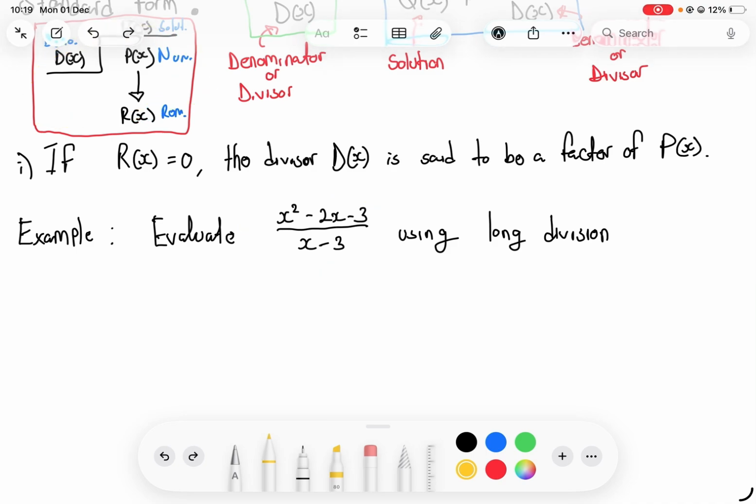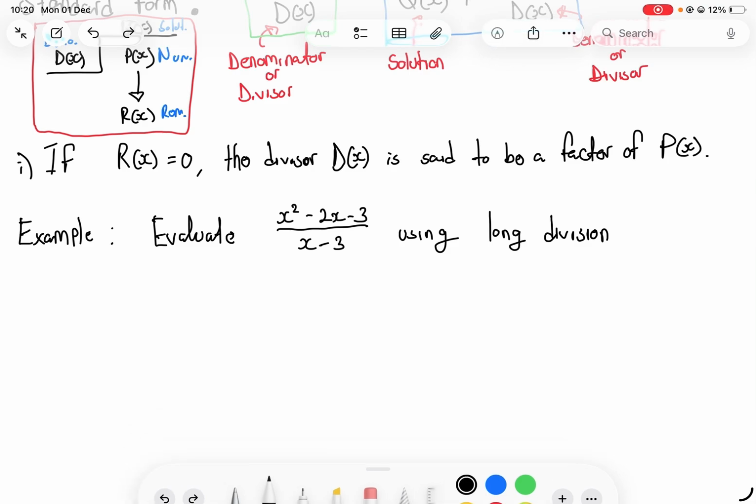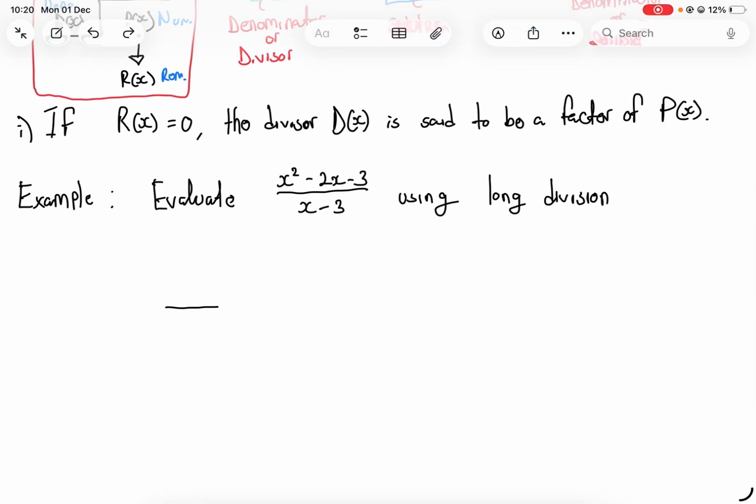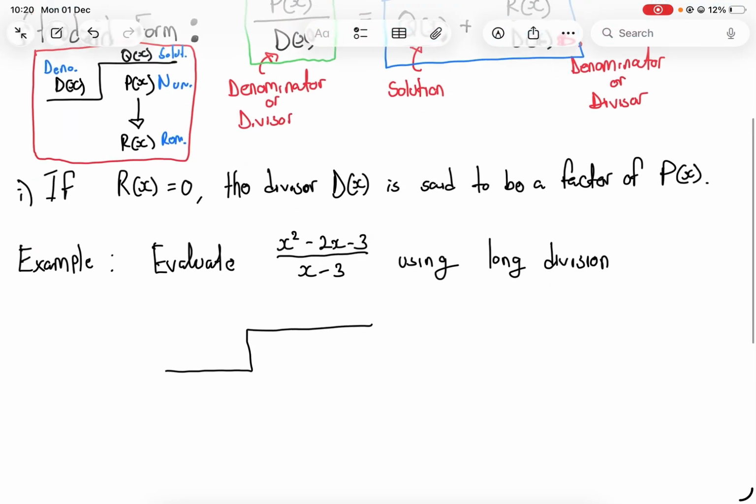Okay, so how do we go about doing such? So we're going to draw a step here. So as I had said, that the numerator here, x squared minus 2x minus 3, then your denominator here, x minus 3.